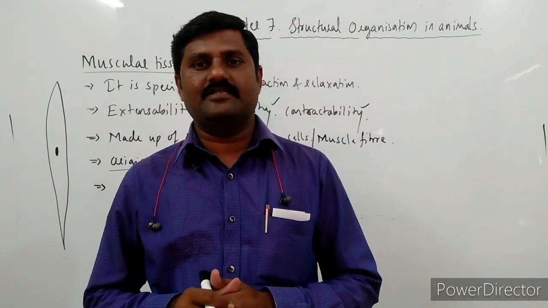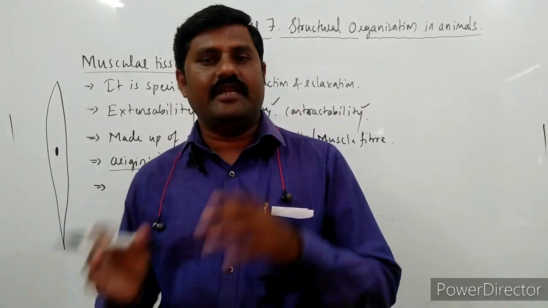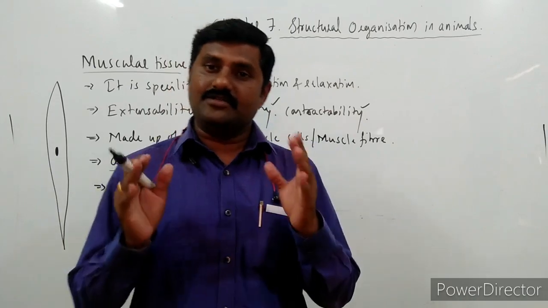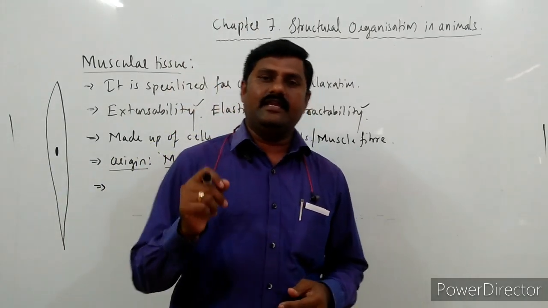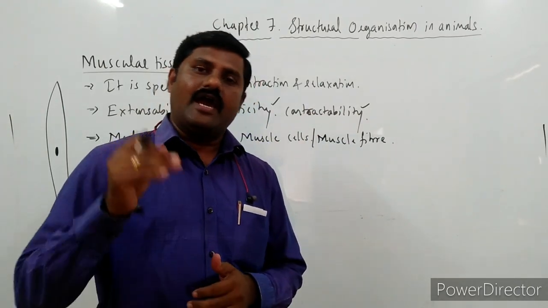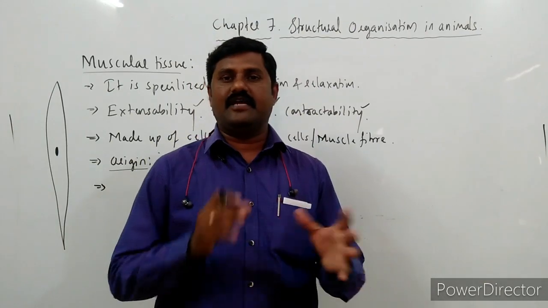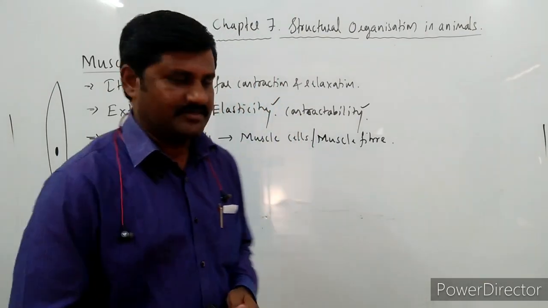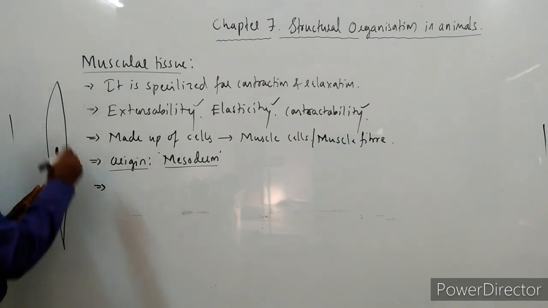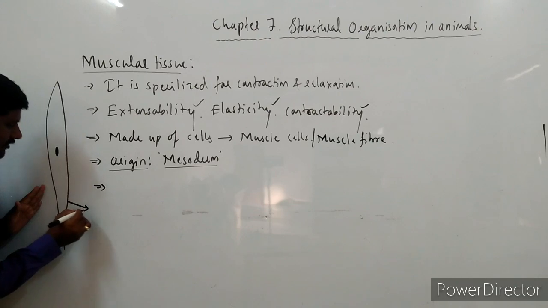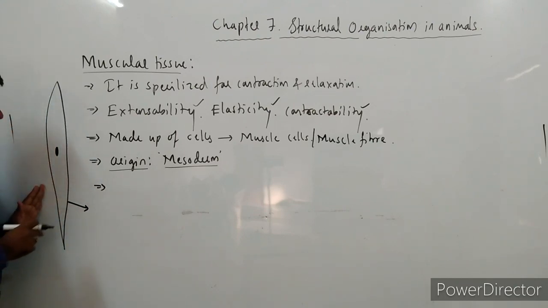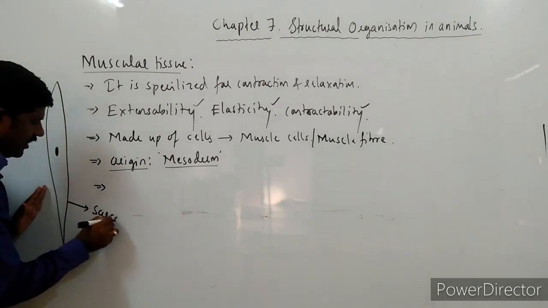So different types of muscles are there. I shall take this smooth muscle as an example for explaining the parts of this muscle fiber. Such kind of many fibers are there in our body. They are differently located in different parts of the body and they perform the same function, that is contraction as well as relaxation, of course, right? So let us see the parts of this muscle fiber. See here, the outermost cell membrane of this muscle fiber is called sarcolemma.